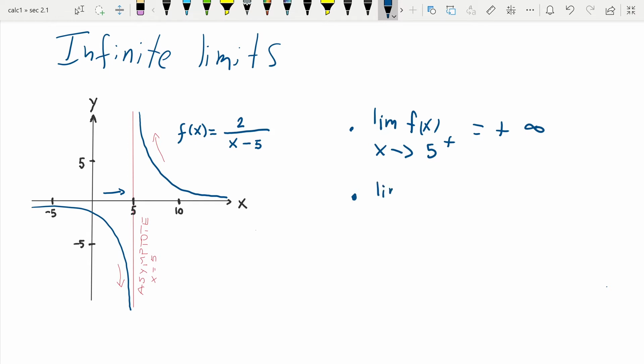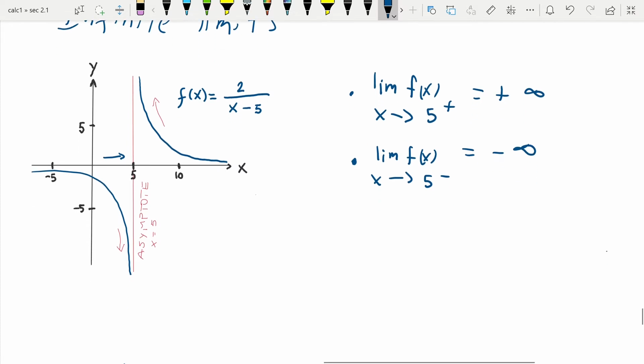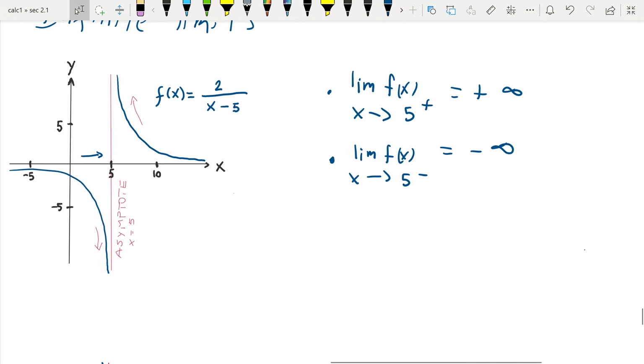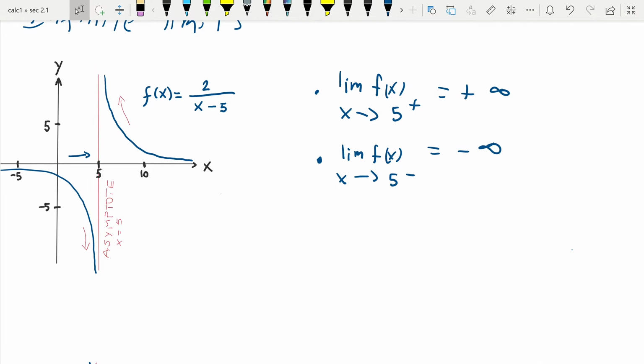If instead we approach 5 from the left, then f of x becomes very negative and without bound from below. So the limit from the left, we say, is equal to minus infinity. This is just notation to mean that f is either unbounded and very positive or very negative.